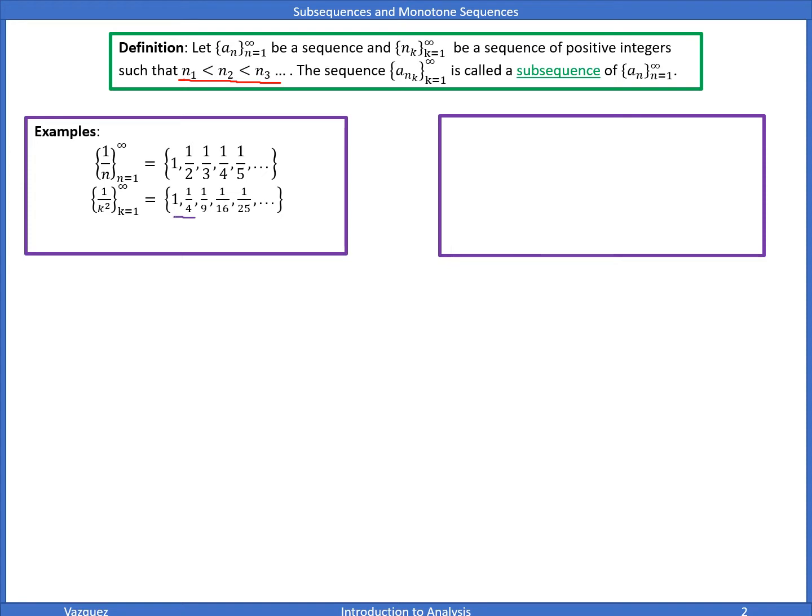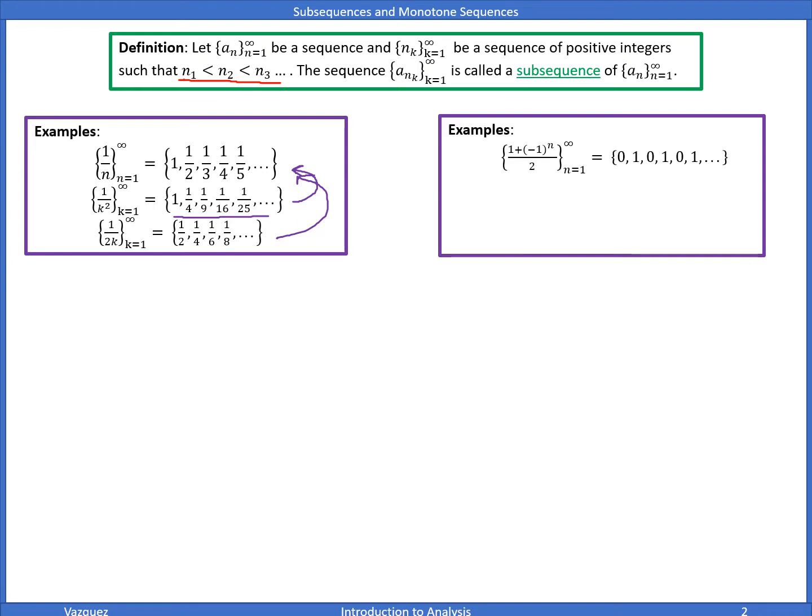Right, so all the terms of the second sequence are also in this sequence. But we just took out some and left the ones that are in the form 1 over k squared. Another subsequence would be 1 over 2k, which deletes fewer terms, but again, all those terms are in the first sequence. So they're both subsequences of the first sequence of 1 over n.